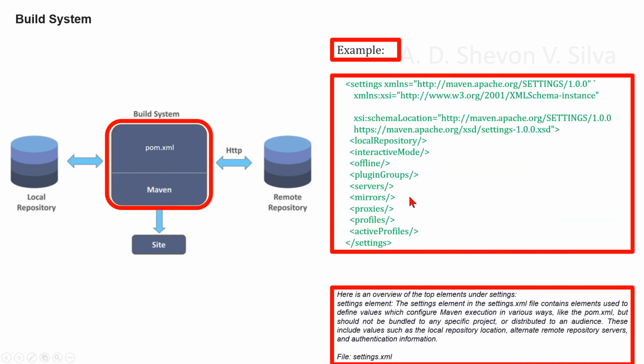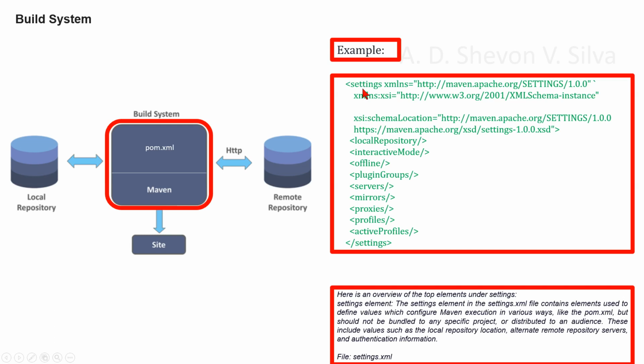As an example, we can consider this. Here is an overview of the top elements under settings. The settings element in the settings.xml file contains elements used to define values which configure Maven execution in various ways, like pom.xml, but should not be bundled to any specific project or distributed to an audience.